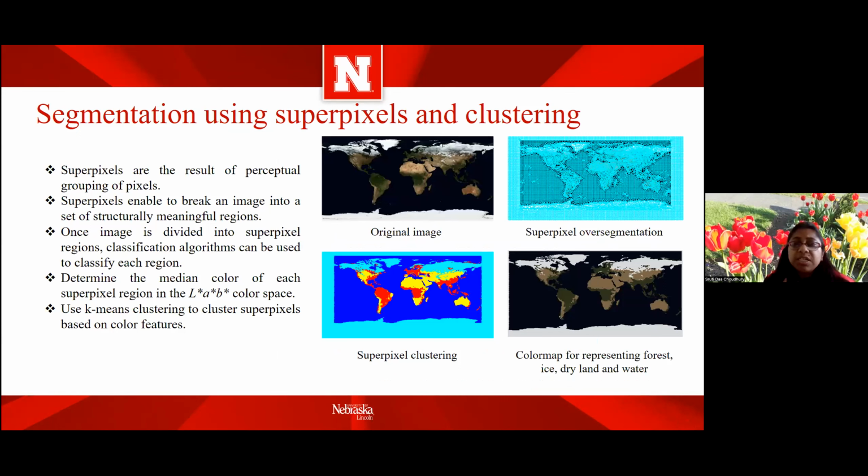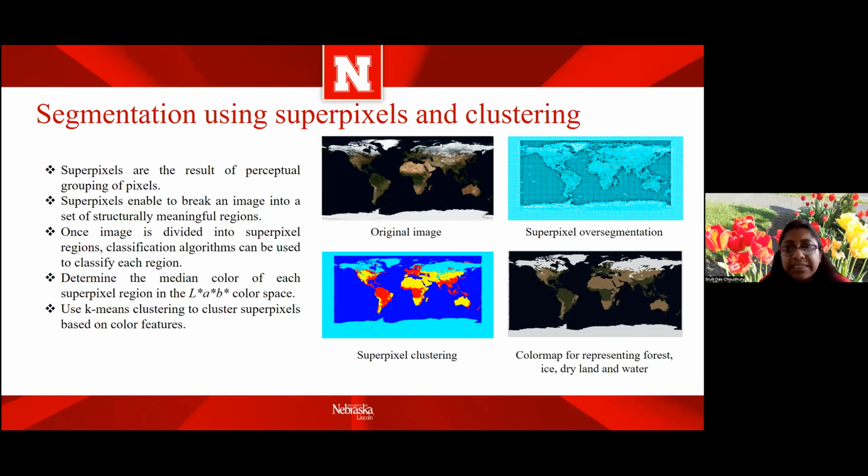Segmentation using superpixels and clustering. So what is a superpixel? Superpixels are the result of perceptual grouping of pixels. Superpixels enable us to break an image into a set of structurally meaningful regions. So here is the original image, and then we computed the superpixels. That means we divided the image into a set of structurally meaningful regions.